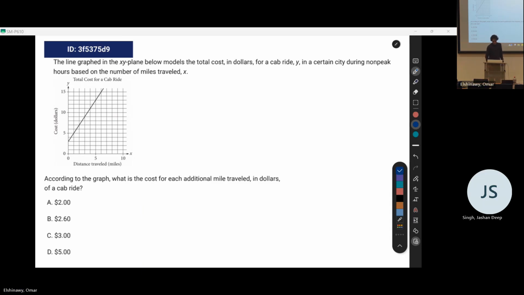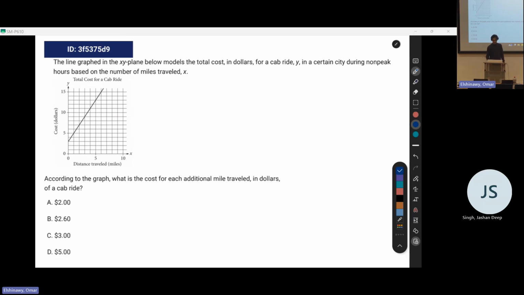So you have a cab ride, right? You get into the cab. You drive for a certain number of miles, and then you have to pay a certain amount of dollars. So you cover the miles first, and then you pay the dollars.